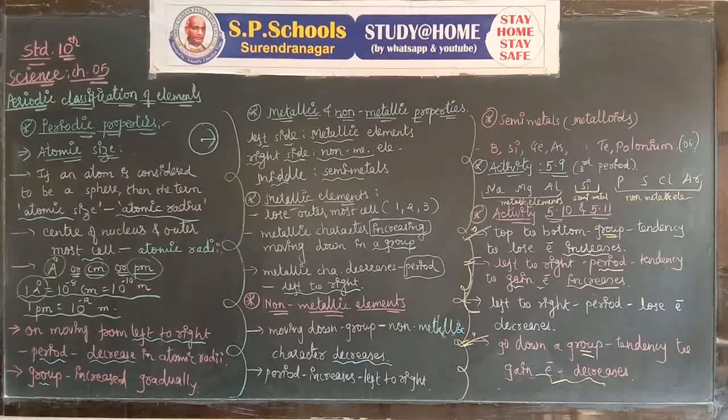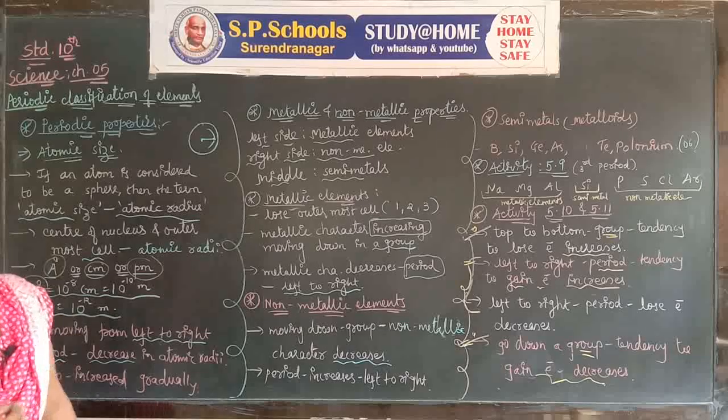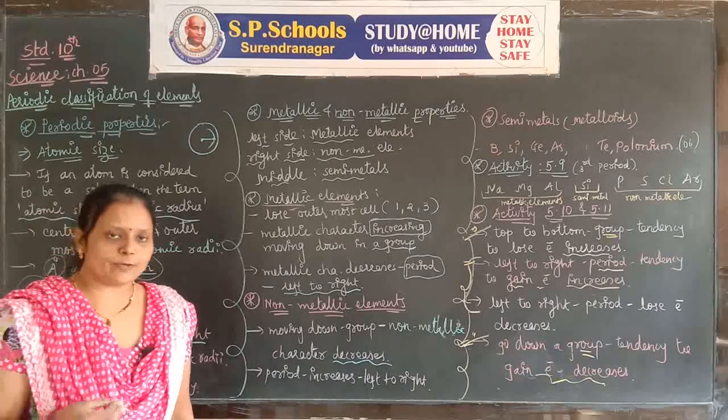Here let's study the in-text question first, which is given on page number 19. How could the modern periodic table remove various anomalies of Mendeleev's periodic table? Here we see three anomalies present in Mendeleev's periodic table.